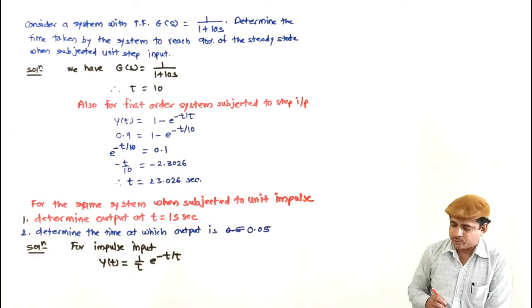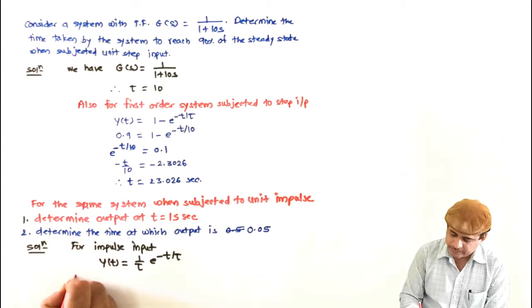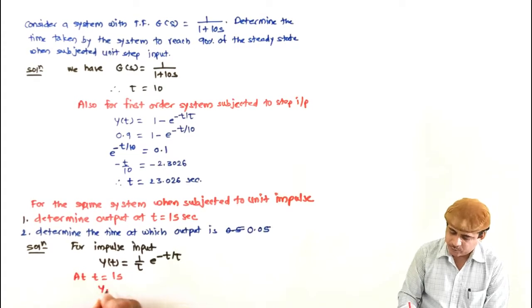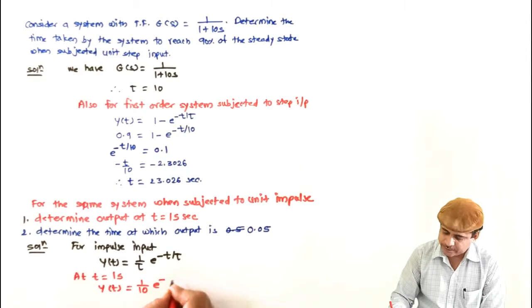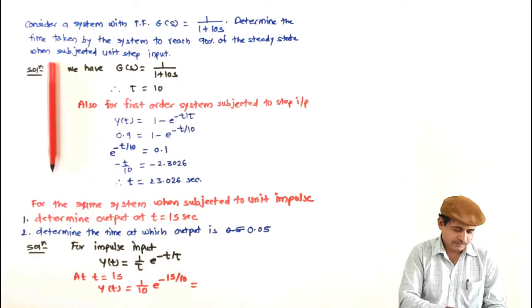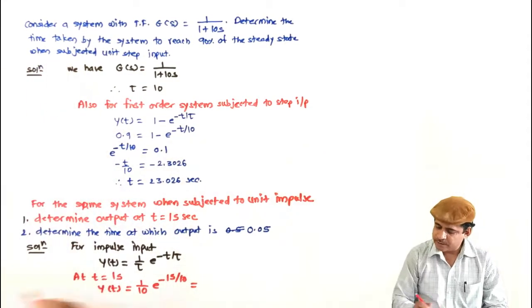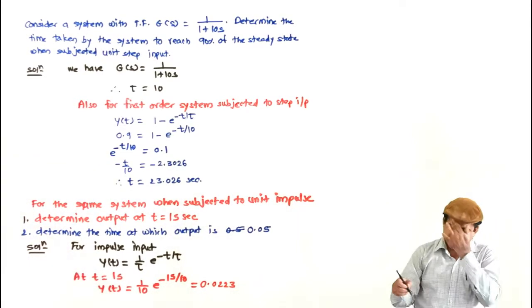So for the first thing, at t equal to 15, y of t will be 1 by 10 e raised to minus 15 by 10. So that is 0.0223.